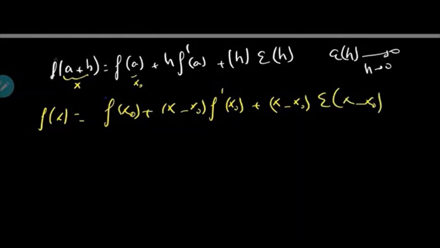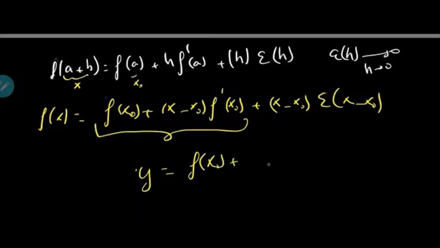If you look closely, what's in here is the equation of a straight line, and more particularly it's the equation of the tangent to the curve of the function f at the point x0, because the equation of a tangent can be written y equals f of x0 plus (x minus x0) times the slope.